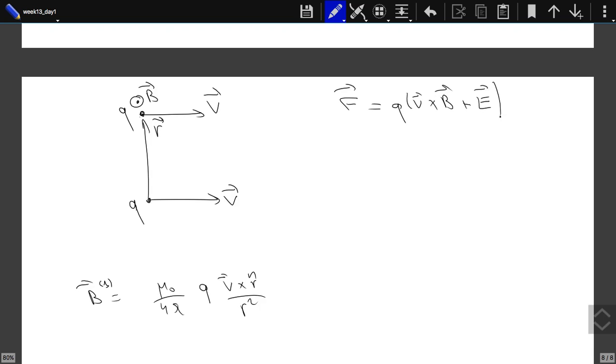What is the direction of the magnetic force that the above charge will feel? V cross B is downward. This is the magnetic force that that charge will feel.